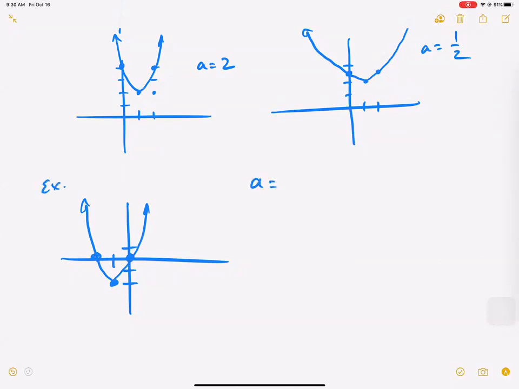Please fill out your A, your H, and your K value, and then write it as a parabola function. This is -1, -2, and this is 0, 0, as well as -2, 0.